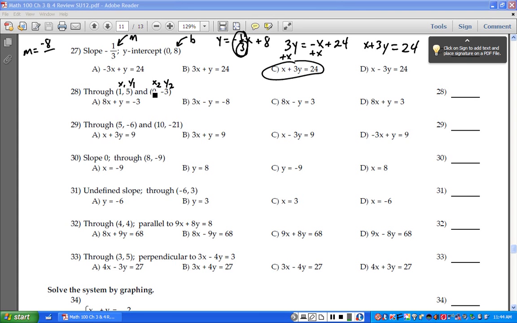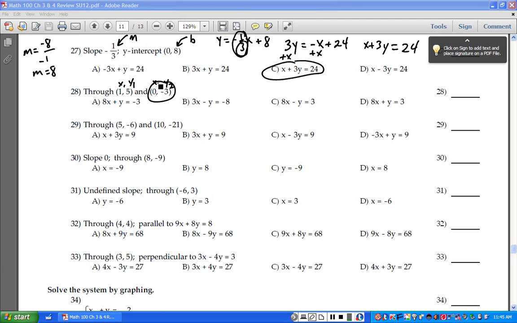Alright, x2 minus x1, negative 1. So m equals 8. So now I have an m and a point and a slope. So I can do what I did for number 27, given a point and a slope. Excuse me, I can't do what I did for 27. I have to do it like the problems before that. Take my point and slope, and I can plug it in the point-slope equation.